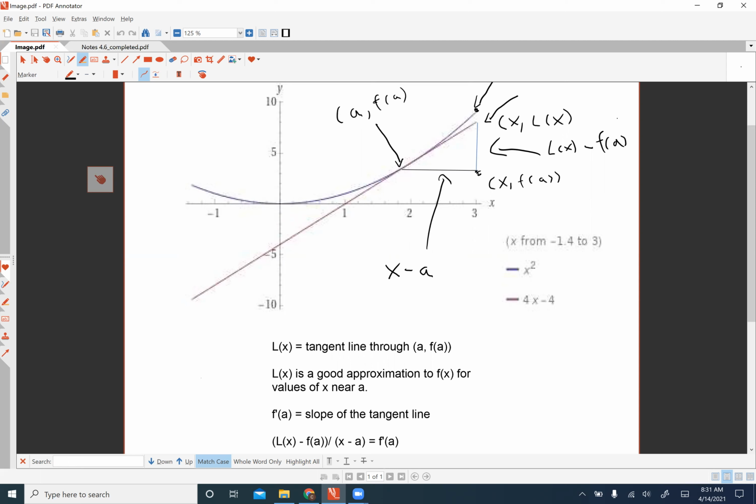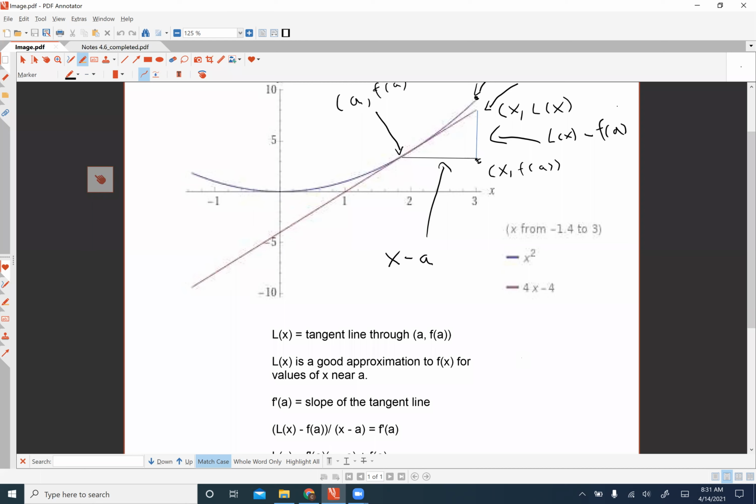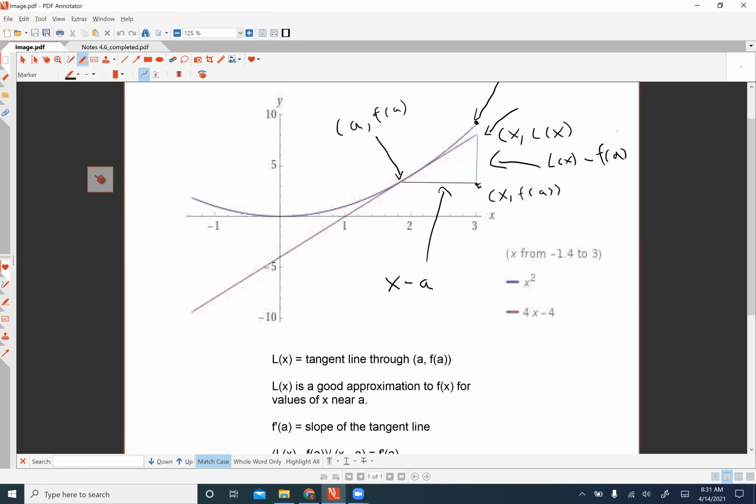So f prime of a is the slope of the tangent line, and then we take some point x that's near a.